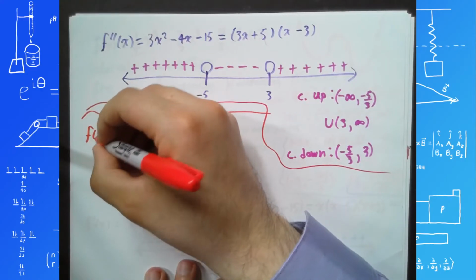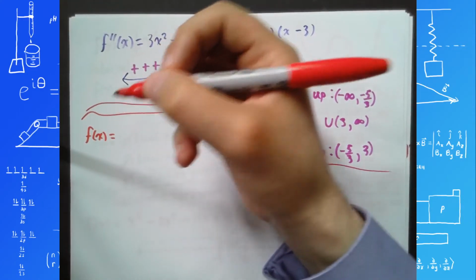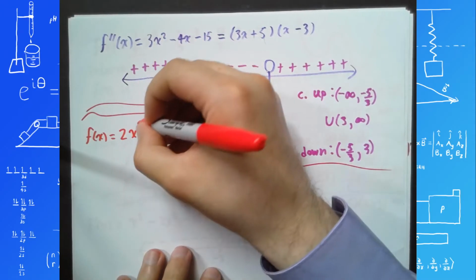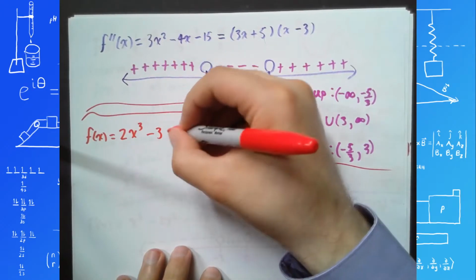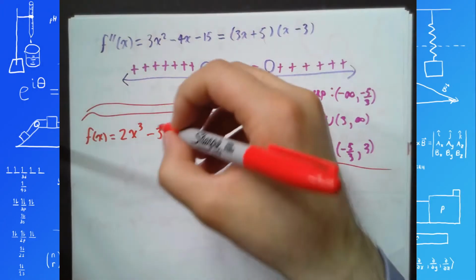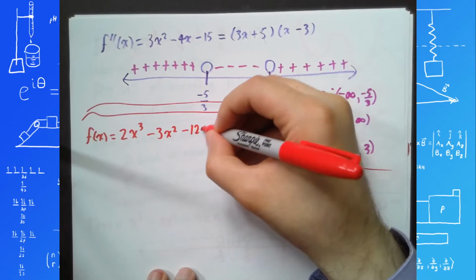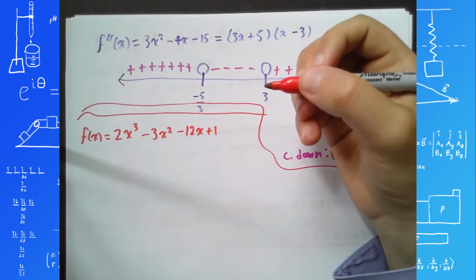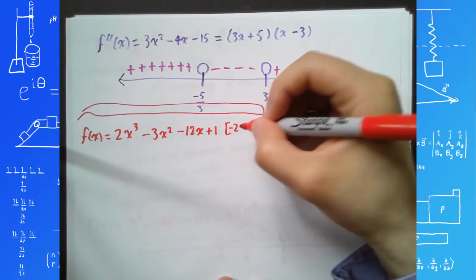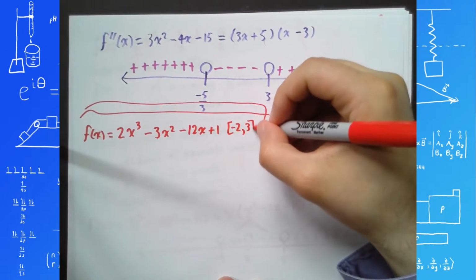So we've got f of x equals 2x cubed minus 3x squared minus 12x plus 1, and we've got the closed interval negative 2 to 3.